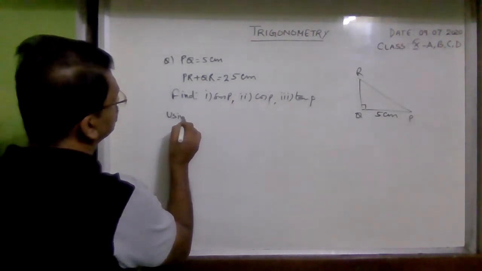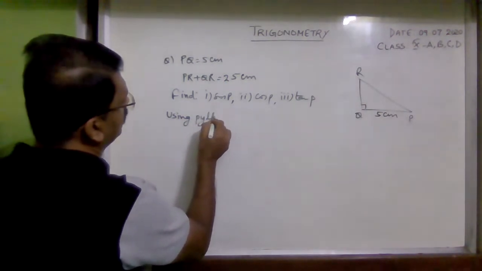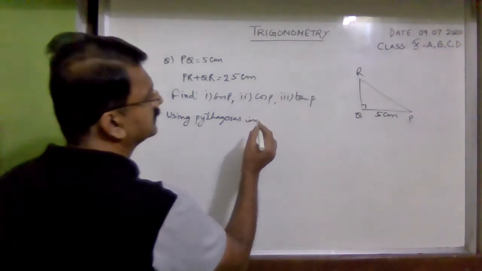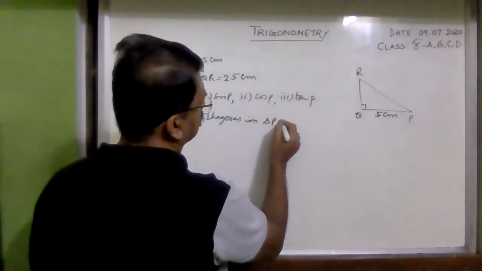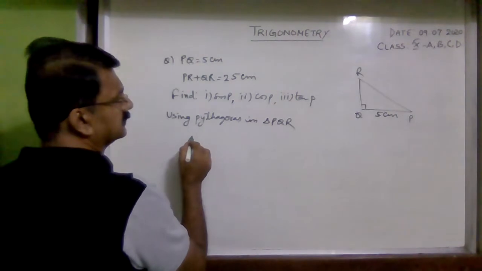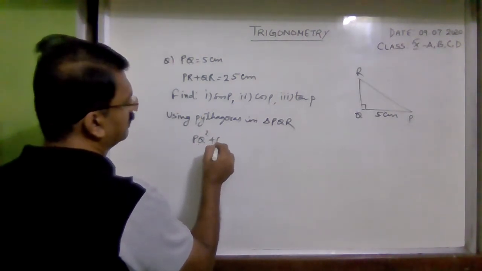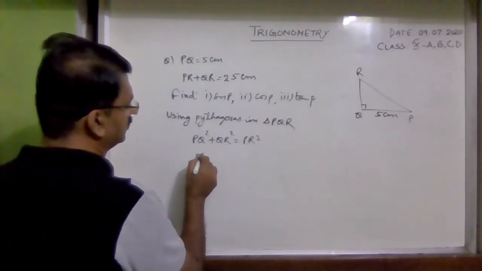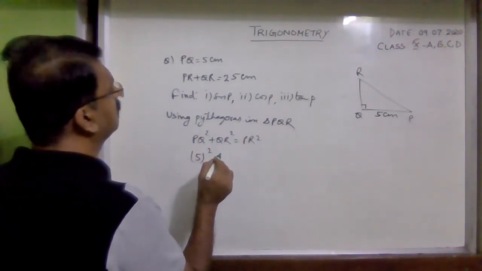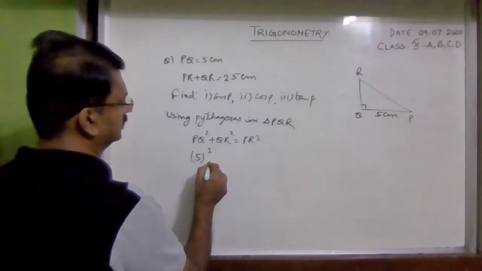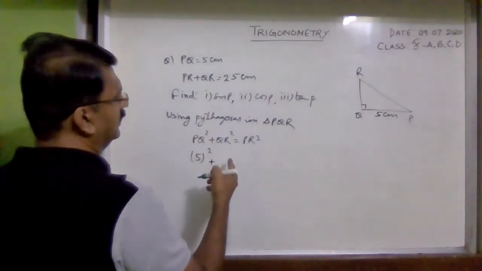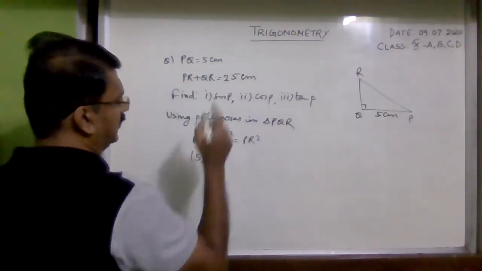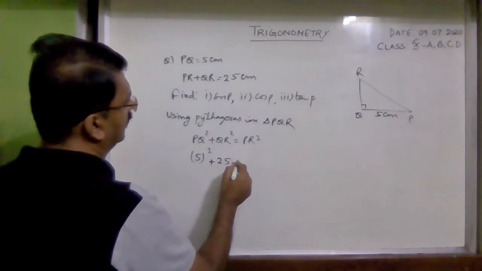Using Pythagoras in triangle PQR, PQ square plus QR square is equal to PR square, means 5 square plus, now in place of QR we can write 25 minus PR.